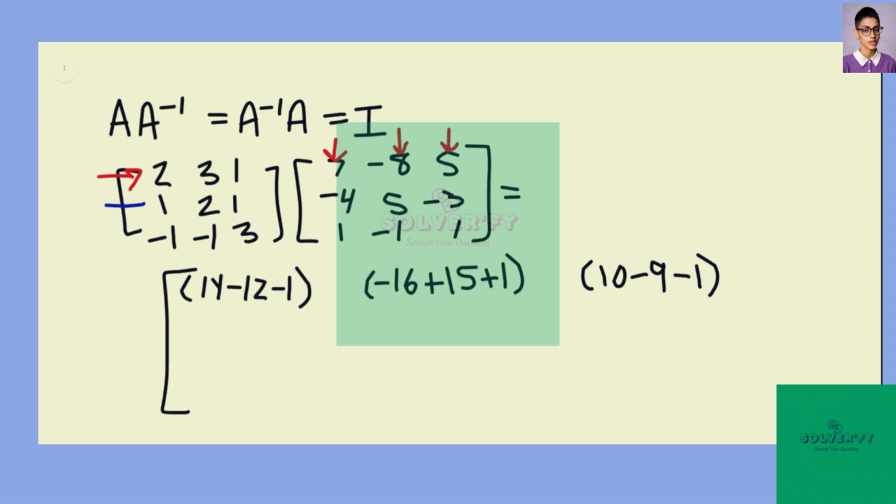So we move on to the next row and back to the first column. We'll take 1 times 7 for 7, 2 times negative 4 for minus 8, and 1 times 1 for 1. And then same row, but we switch columns in our second matrix.